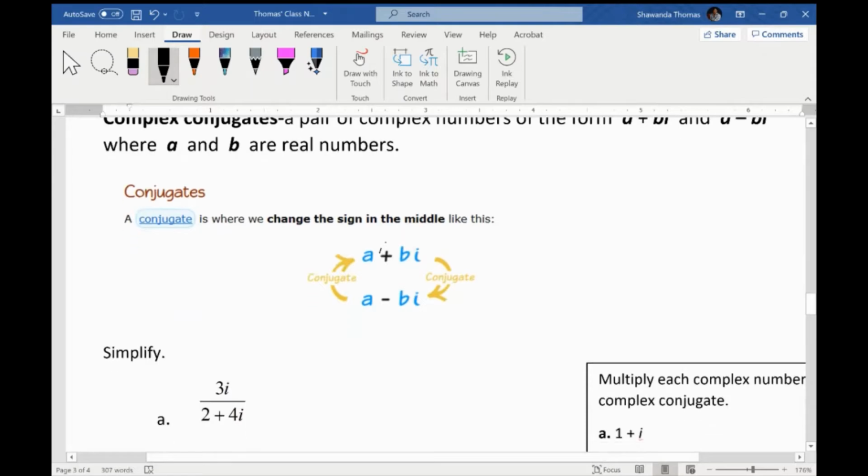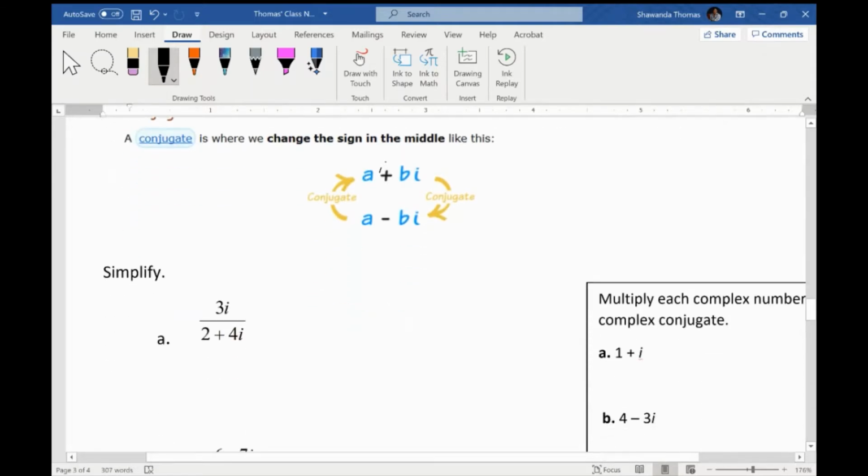All right, let's look at this next one. 3i over 2 plus 4i. Remember when you had radicals in the denominator, what was the rule? If your answer had a radical in the denominator, we had to get the radical out of the denominator by multiplying the radical on the top and the bottom.